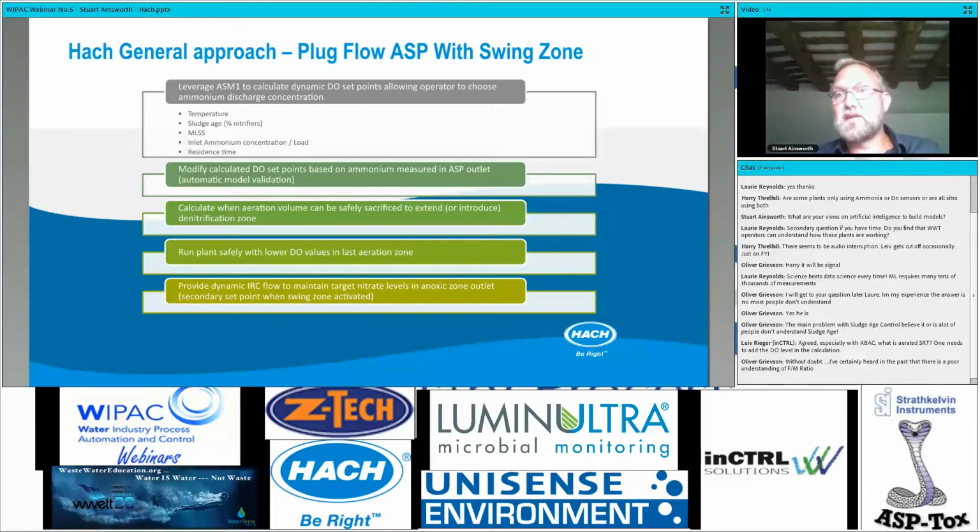The measurement at the inlet, allied with temperature, the sludge age to determine how many nitrifiers we've got present, the mixed liquor suspended solids to dictate how much biology we've got there in the first place, and understanding the size of the tank and the residence time of the tank, we can use that to provide a feed forward intelligent dissolved oxygen set point. We then modify that set point based on a true measurement.